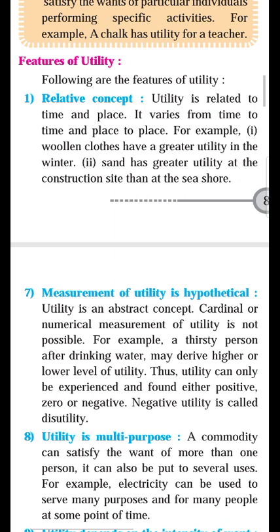Second part of the first feature is utility differs from place to place. Means different places have different utility. For example, apple. If the apple is transferred from Kashmir to Mumbai, then it has greater utility because Mumbaikars have more utility of the apple, and the Kashmir people don't have much utility of the apple because they grow the apple.